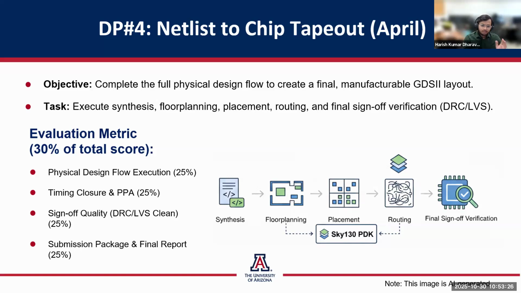So even if you have updated and hardware secured your design, you have to go through the netlist to chip tape out process to make it actually physically ready for the submission.